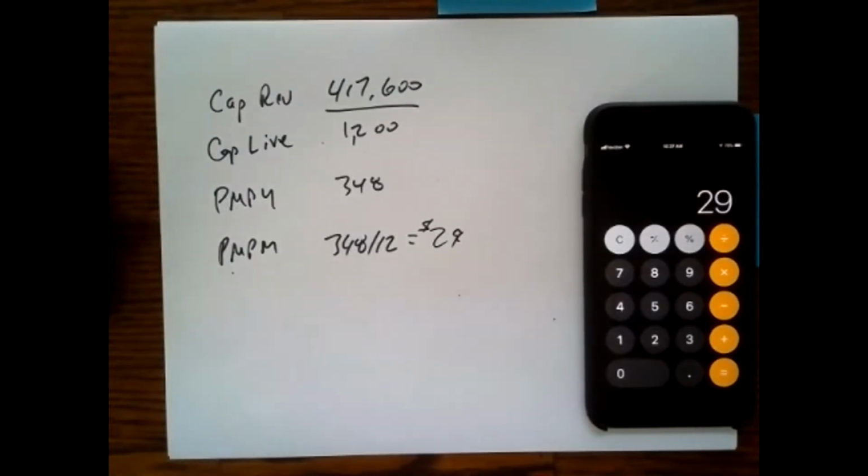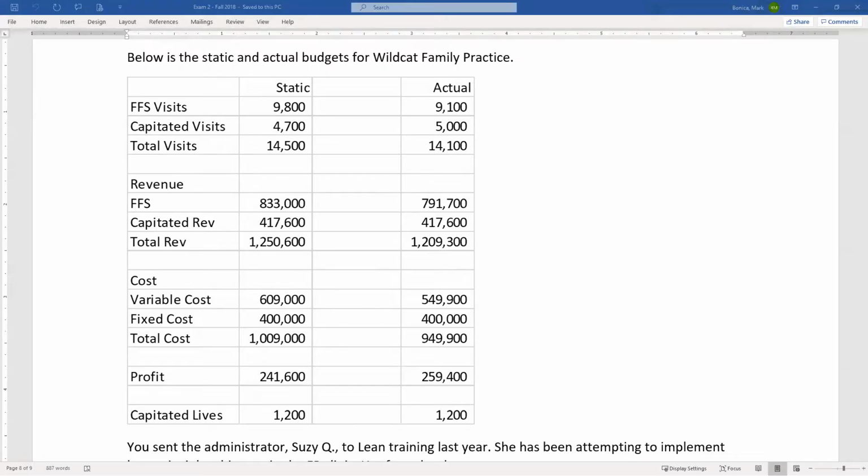And then last but not least, how effective was the clinic at managing the utilization of services by the capitated patients? Quantify your answer in terms of a beginning and ending utilization rate for the capitated patients. All right, so let's go back. Okay, so here, remember, what are we really asking about?